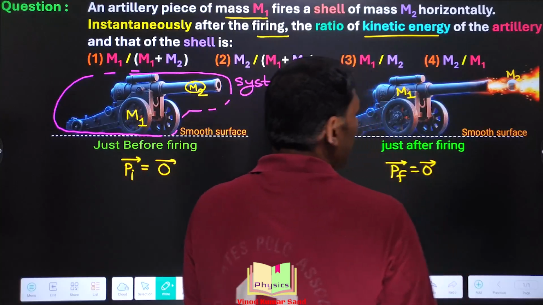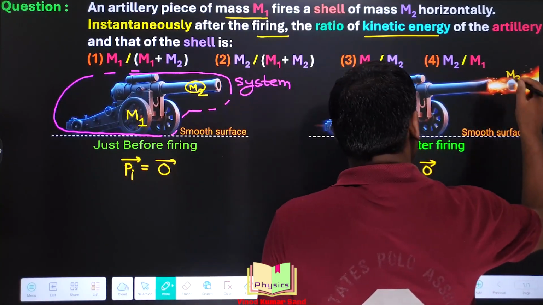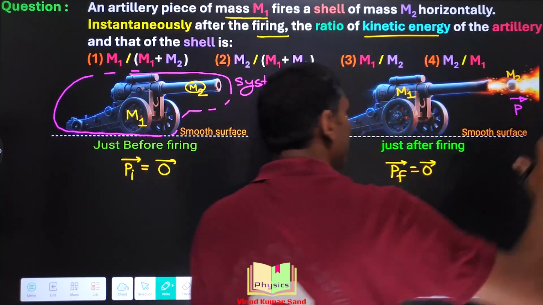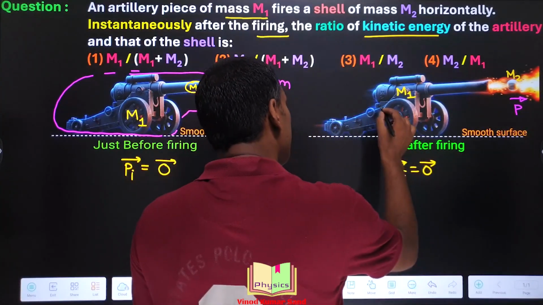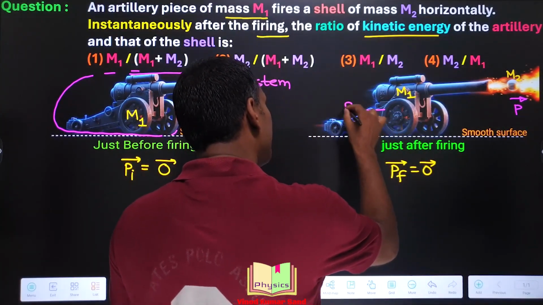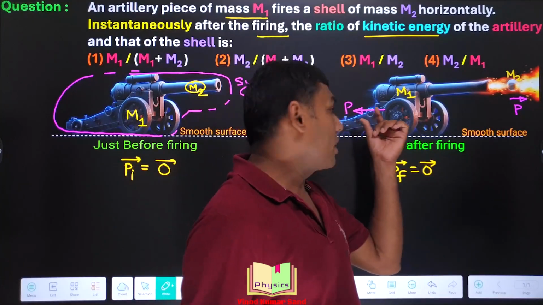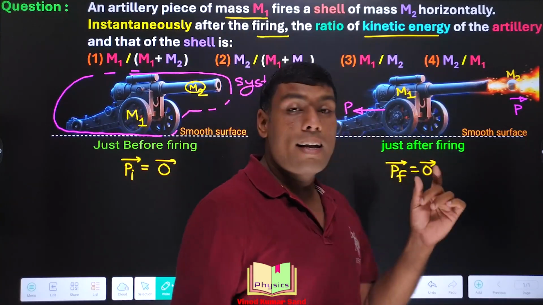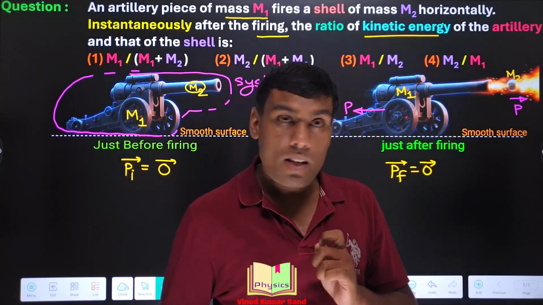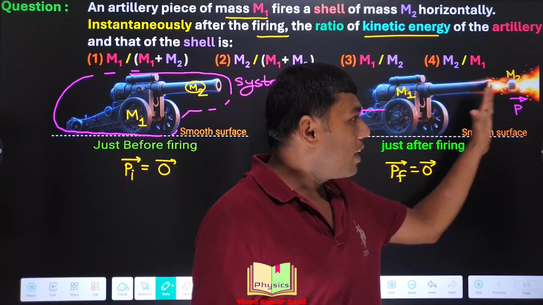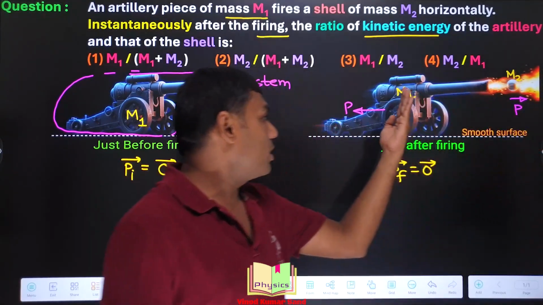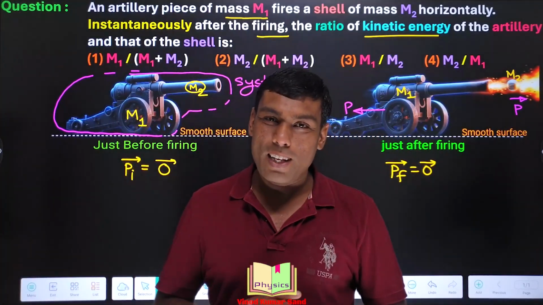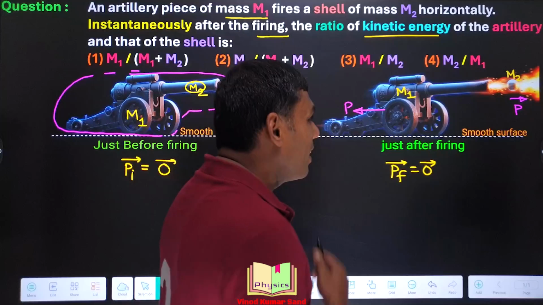If we consider that m2 gets linear momentum p in the forward direction due to the firing, then the artillery should get a linear momentum of magnitude p in the backward direction, because we want to keep the net linear momentum of the system as 0. I hope you agree with this.